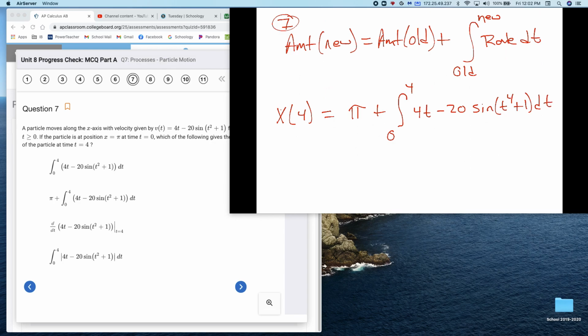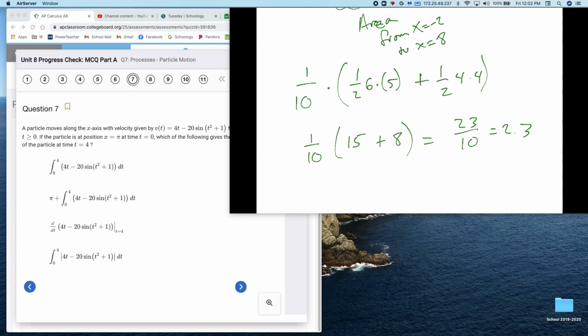We don't have to evaluate it, we just have to write it out. This concept is probably tested 5-6 times on the exam, so you're going to want to make sure you know it. Okay, so that's number 7.